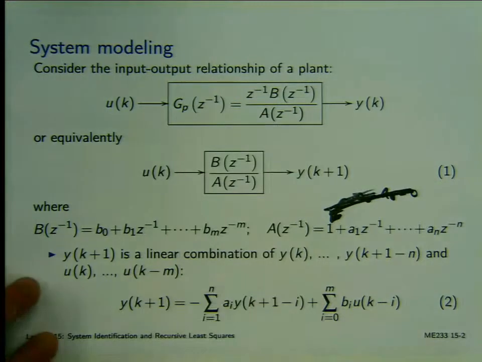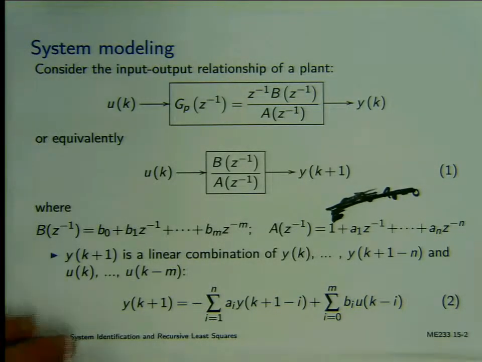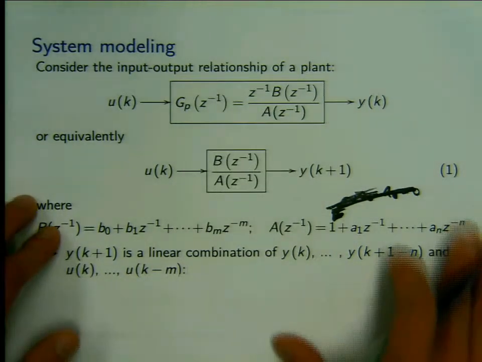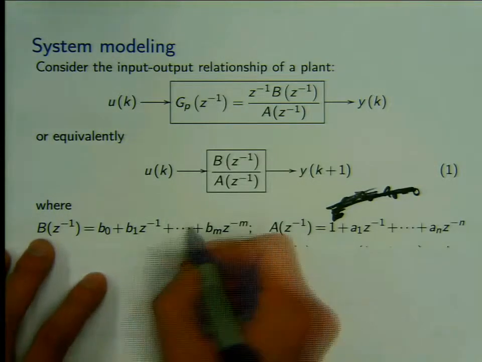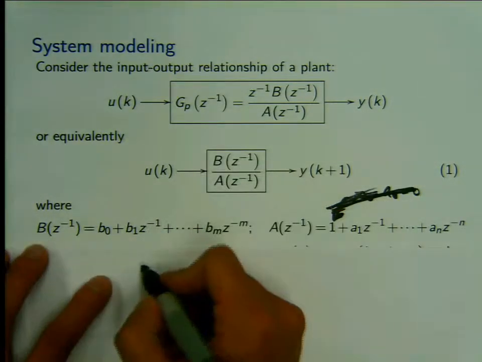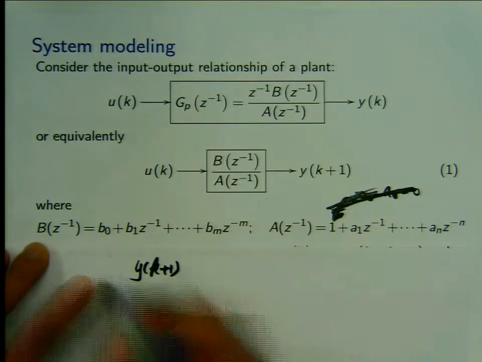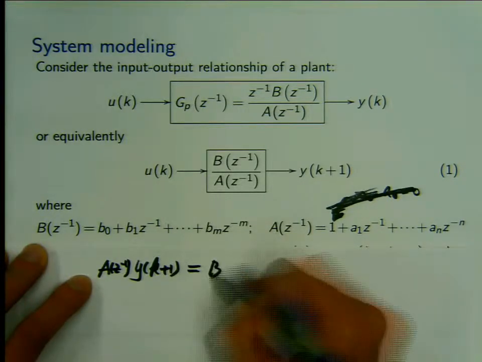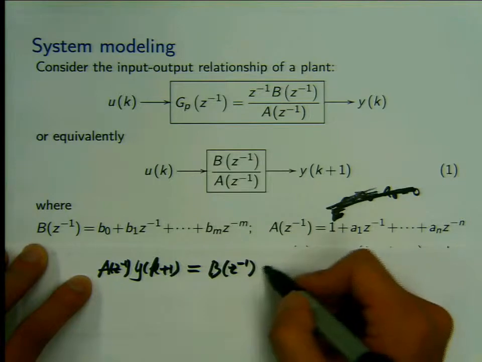Okay. So now you see, even for this discrete time case, what we said is exactly correct. Let's work on equation 1. You can write this Planck dynamics, now you have yk plus 1. If I shift Az minus 1 to here, Az minus 1 yk plus 1 equals Bz minus 1 uk.